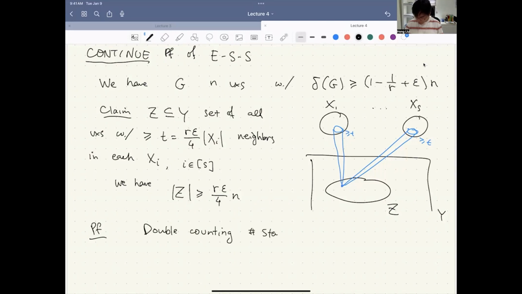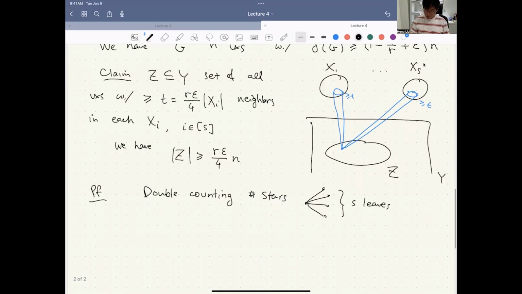We count the number of stars K_{1,s}, stars with s leaves, where the center v is in Y and there is exactly one leaf in each Xi.